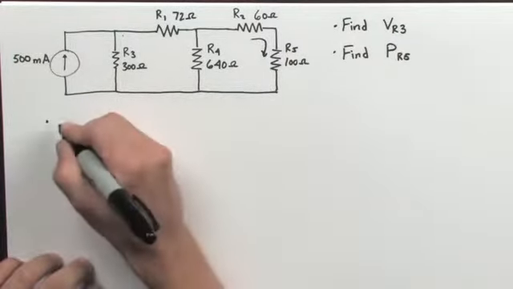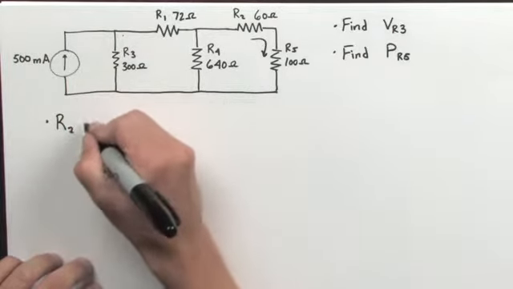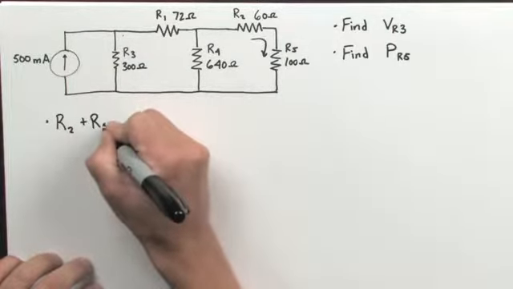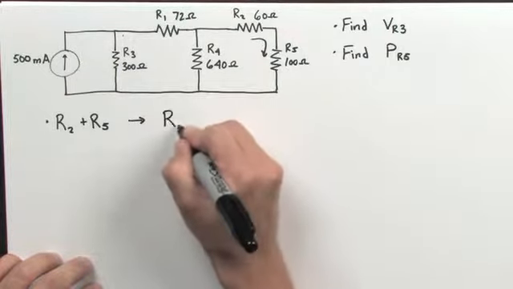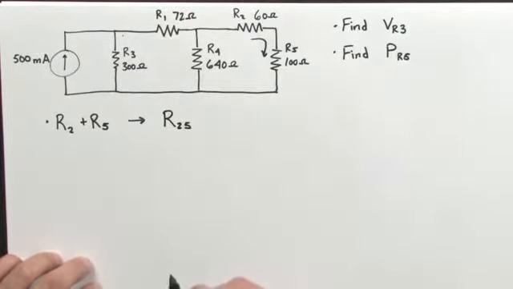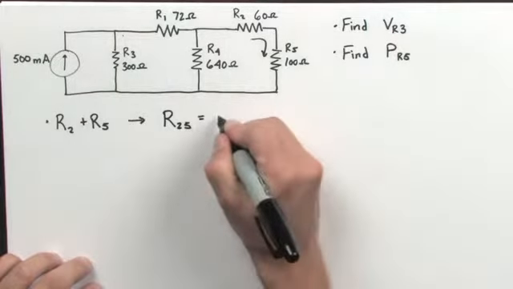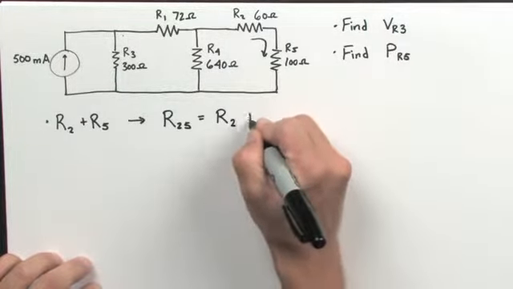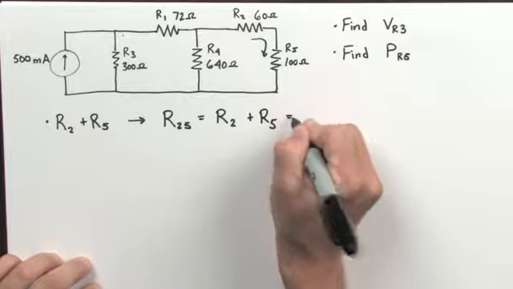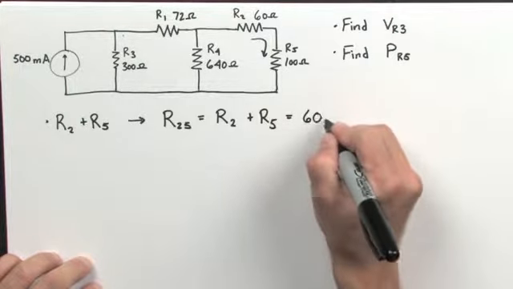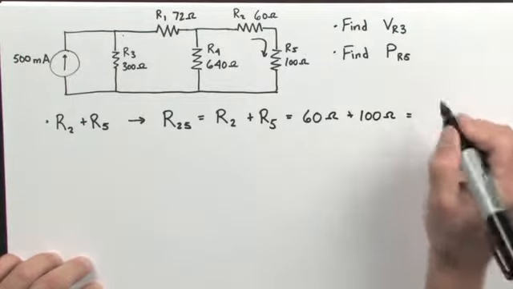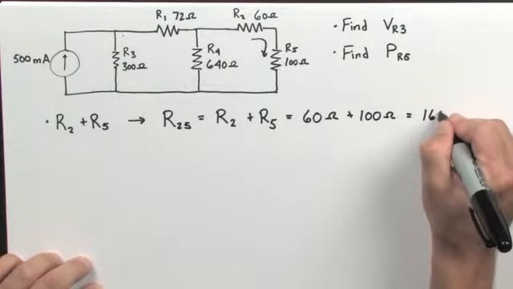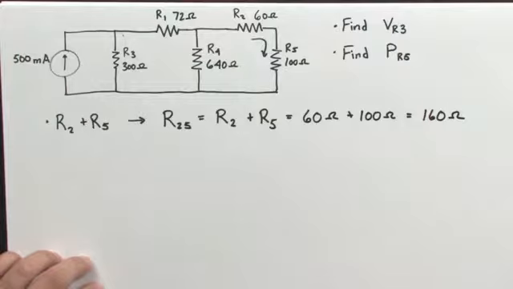From class, we know that since R2 and R5 are in series with each other, we can get the equivalent resistance of the 2 series resistors by adding their resistances. Right, so we have a 60 ohm resistor plus a 100 ohm resistor, which gives us a total equivalent resistance of 160 ohms.